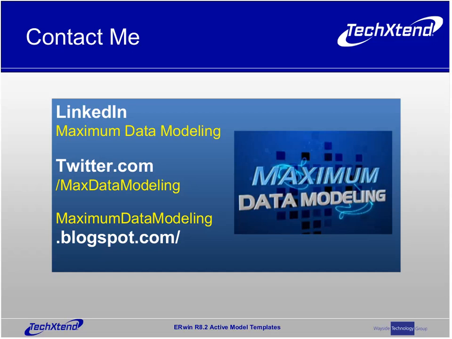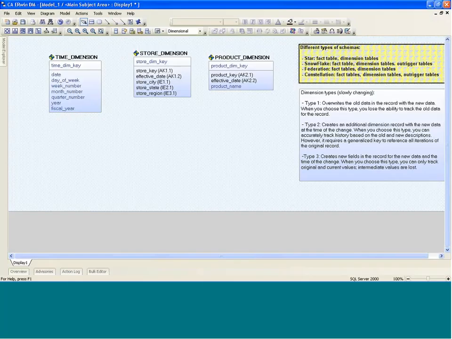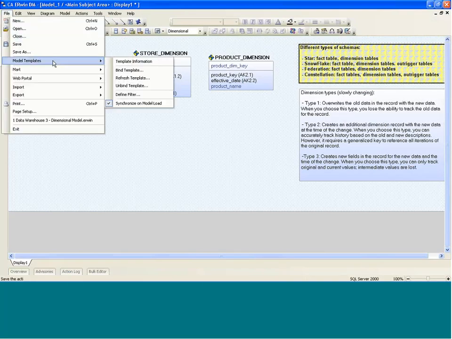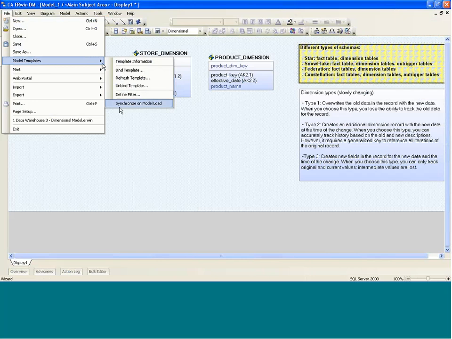Let me share my desktop rather than talking through this. If the option to synchronize on model open is selected, you will automatically synchronize the next time you load the model. Simply by turning the checkbox off, you have disabled the automatic synchronization. That's as straightforward as it gets.